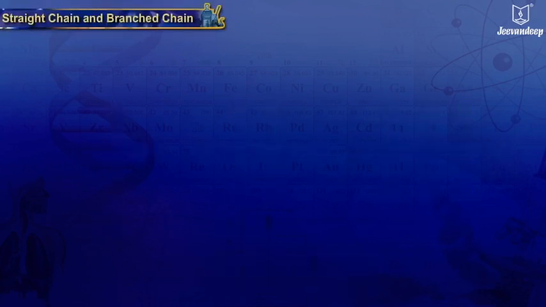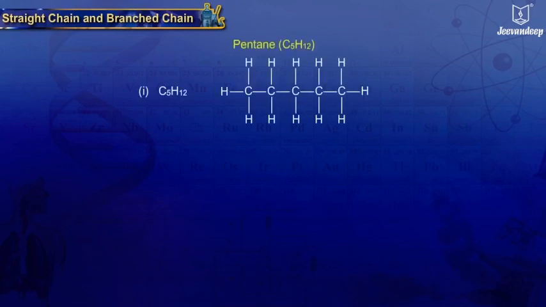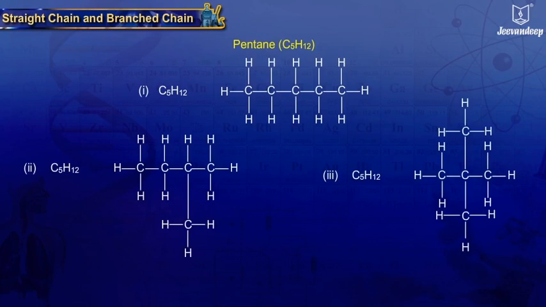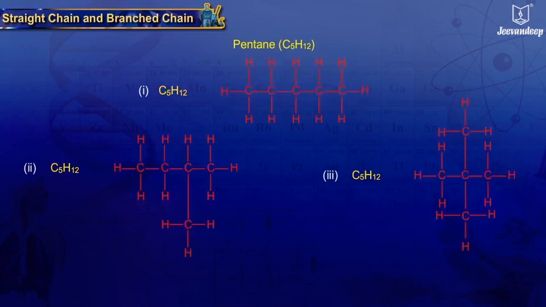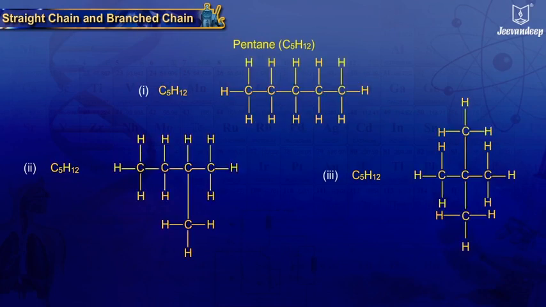Straight chain and branched chain. If we take the example of pentane, C5H12, we can see that different structures are possible. In the above compound, the carbon atoms are linked together in the form of an open chain.